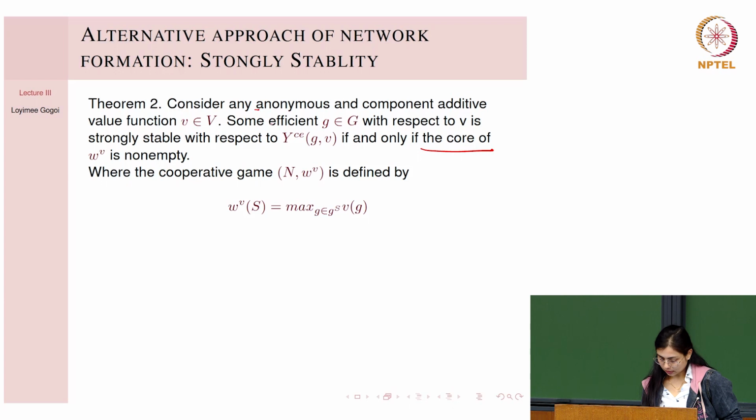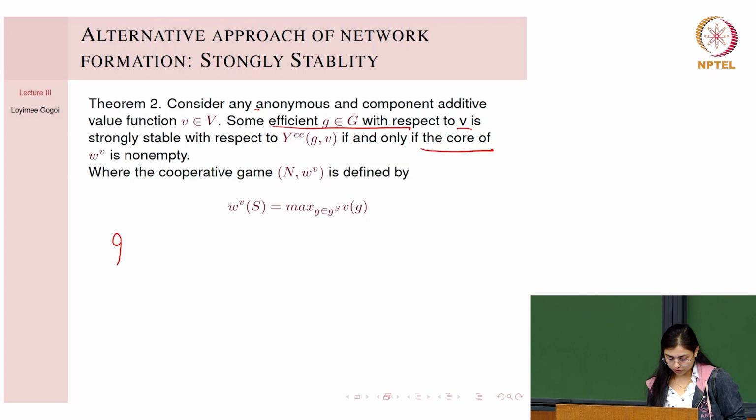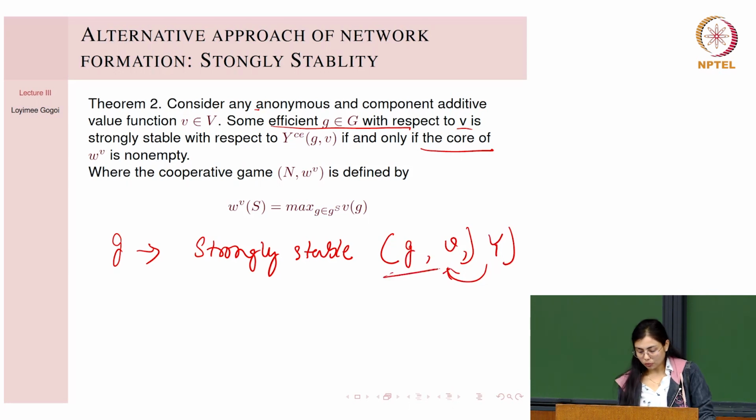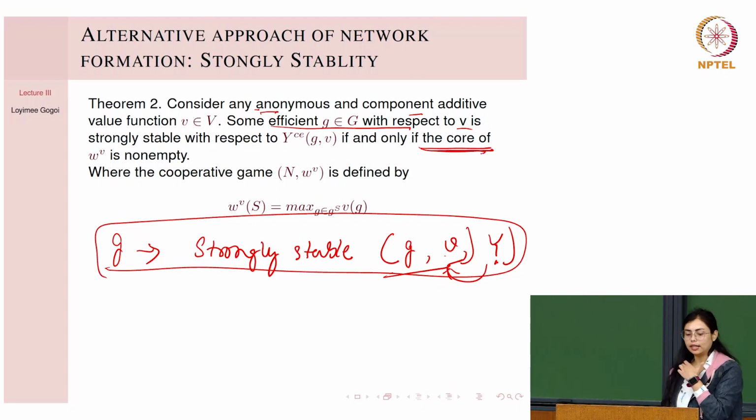We have a network Z with respect to V, and that network will be strongly stable, associated with Z and V, where V is an anonymous and component additive value function, and the allocation rule Y is component-wise egalitarian, if and only if this condition holds when we define another associated cooperative game.